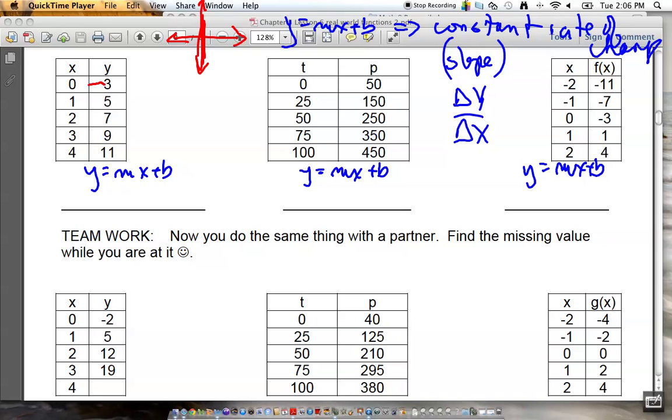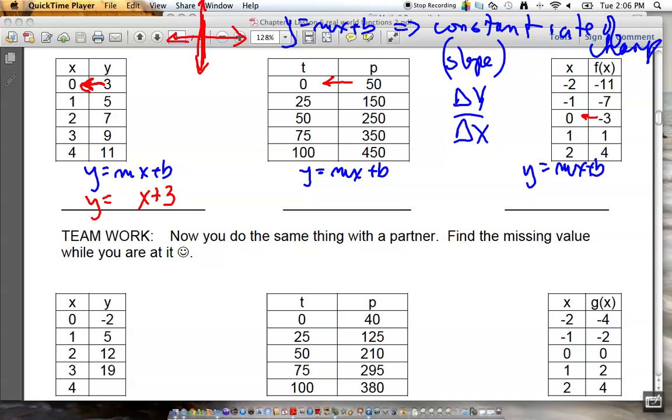So I just look for whatever's paired up with 0. So in this case, I'm going to put a plus 3 at the end. So the y, the equals, the x, all stay the same, and then I immediately find b by looking at whatever's paired with the input of 0, the x of 0.